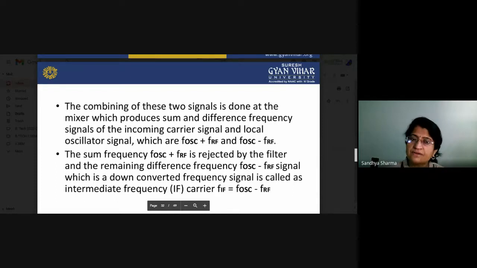You have a local oscillator frequency and an RF signal selected from the RF amplifier. In the mixer, the sum and difference of the frequencies are produced: FOSC plus FRF and FOSC minus FRF. The sum frequency is rejected by the filter and we select only the difference frequency, because this is our requirement, and this difference frequency is called the intermediate frequency.